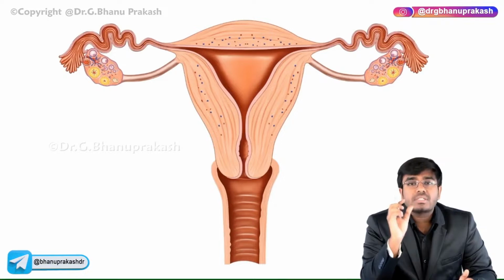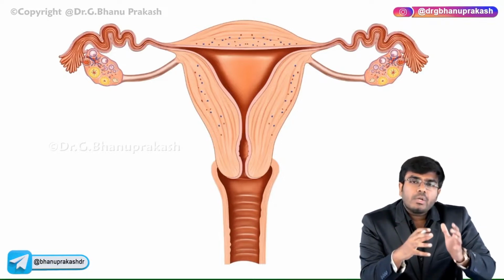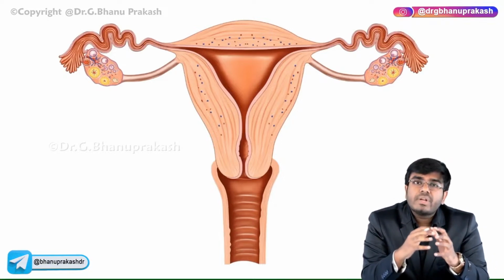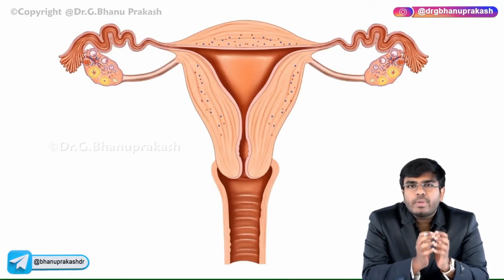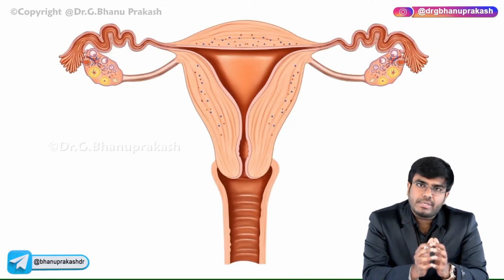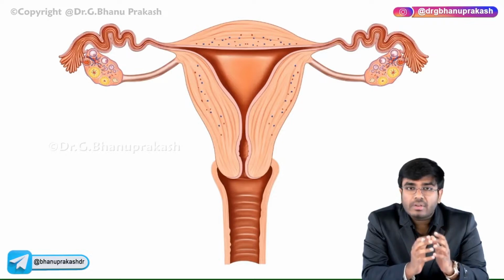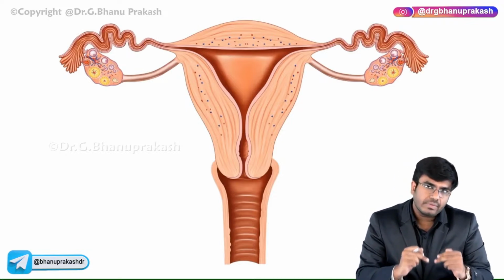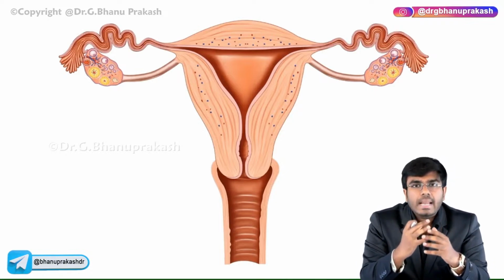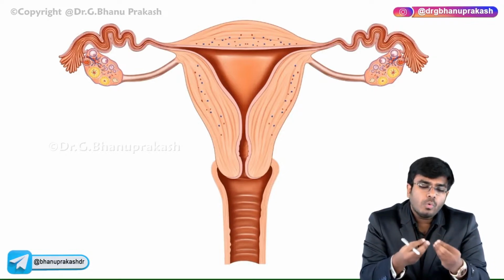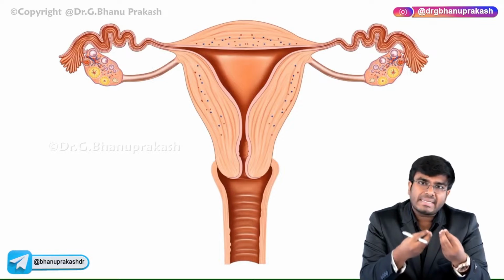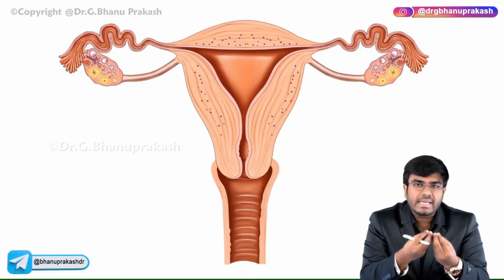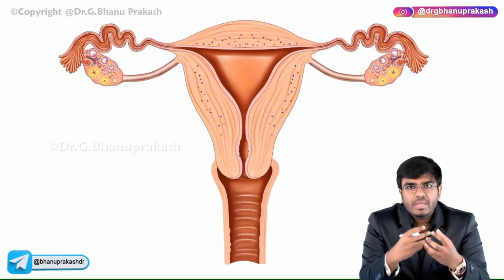Now guys, please concentrate that in order to understand the uterine anomalies, we will be doing a radiological investigation known as hysterosalpingography. What exactly is hysterosalpingography? Now I am going to show you in this video. In hysterosalpingography, we are going to put a radio-opaque dye or radio contrast dye into the uterine cavity.